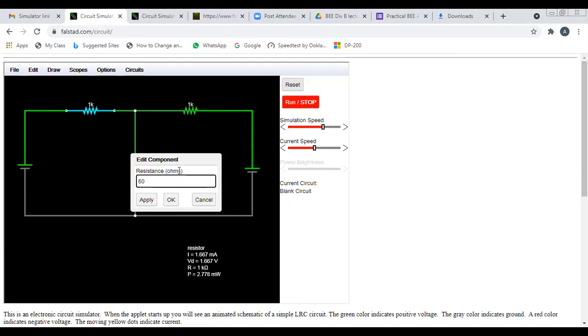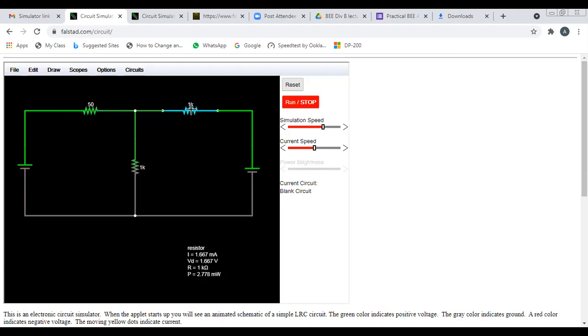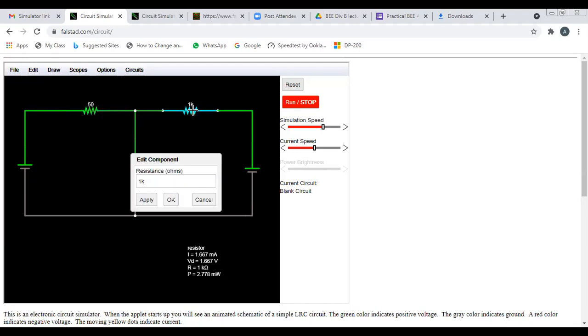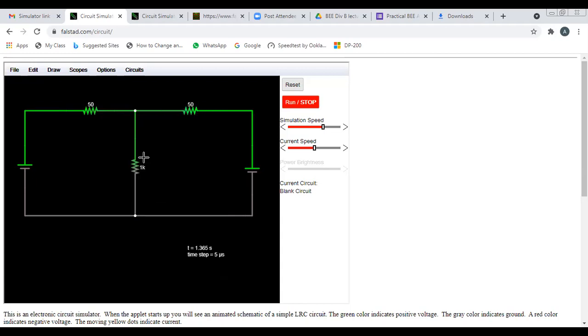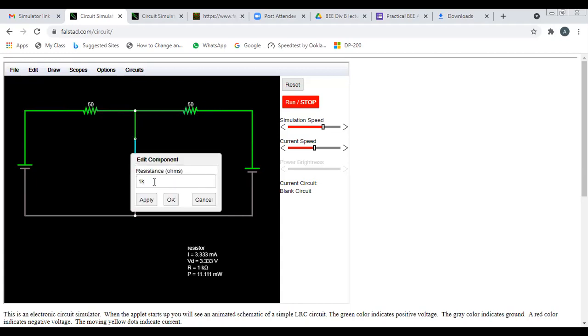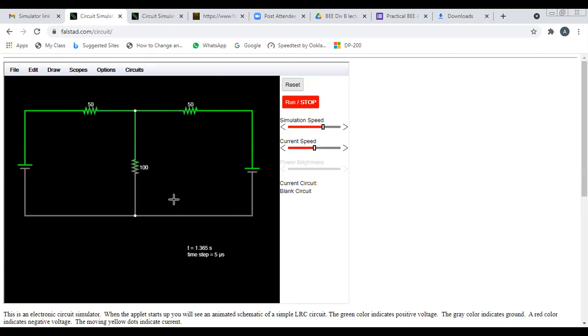The unit, ohm, is already written at the top, so you put the value 50 here. This one also, which one do we want? 50. Second one also 50. Set it. What about the third one? Third one value 100. Okay, so 50, 50 and 100.